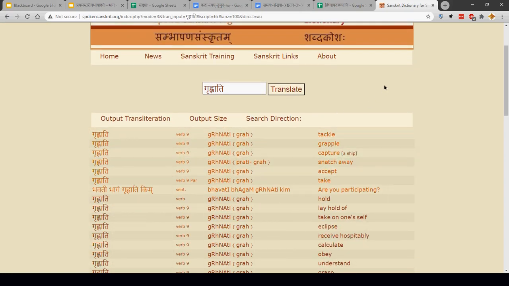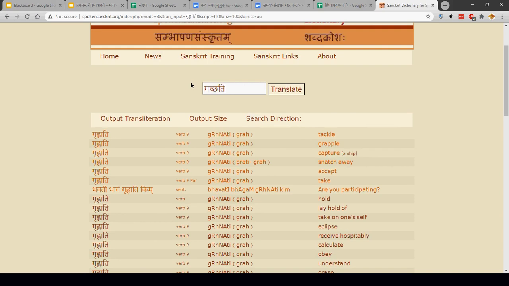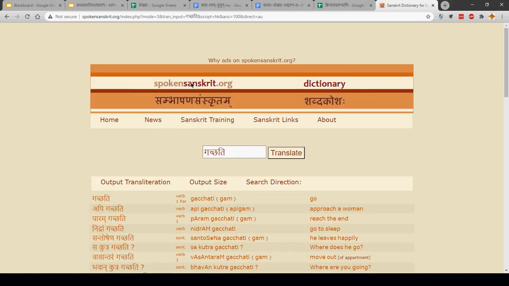So grah is G-R-A-H. This is the transliteration. So G-R-A-H is the verb, in the parenthesis. Similarly if you type, say, gacchati, you see that in the bracket you see gam.